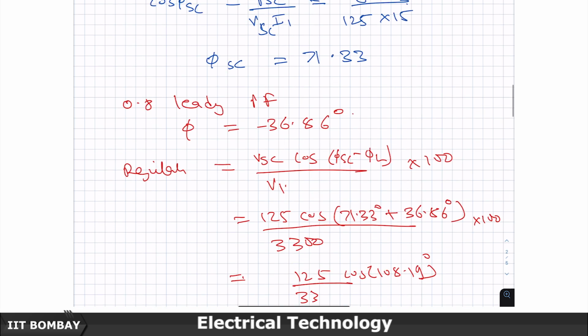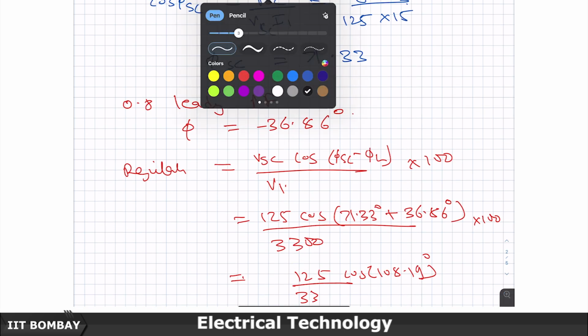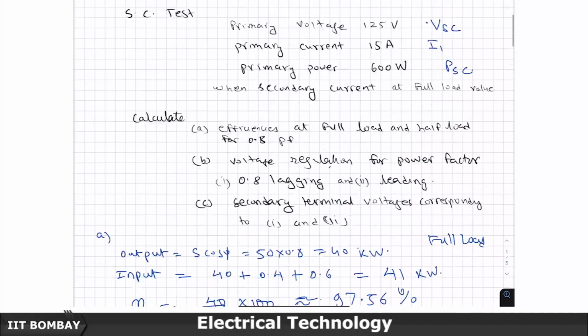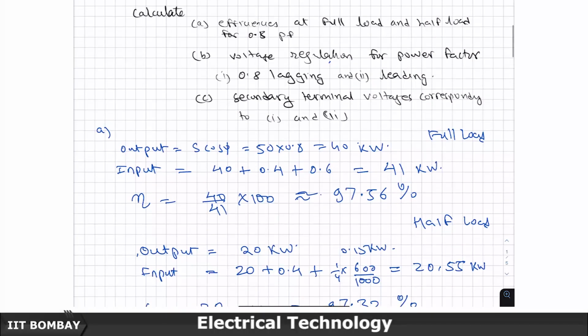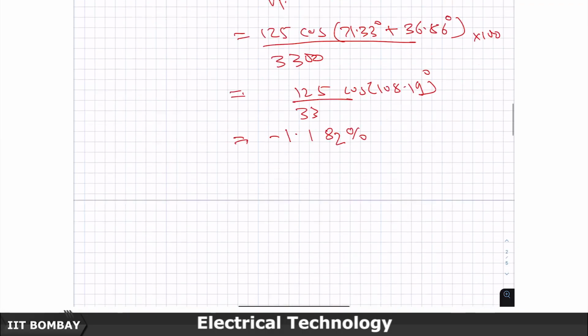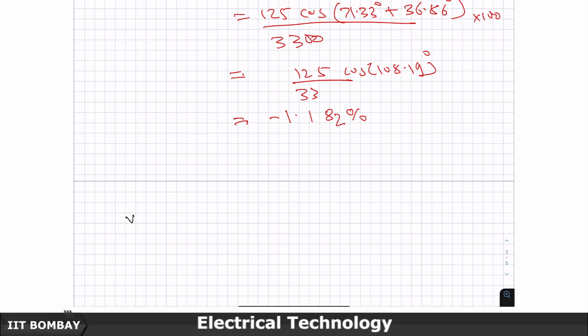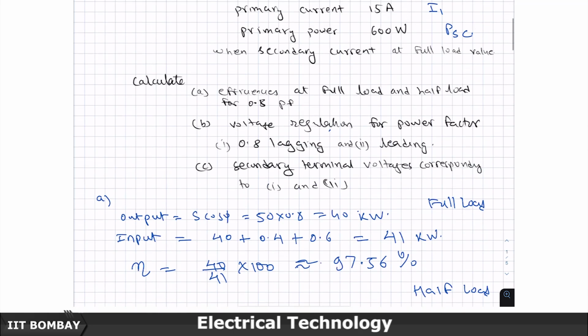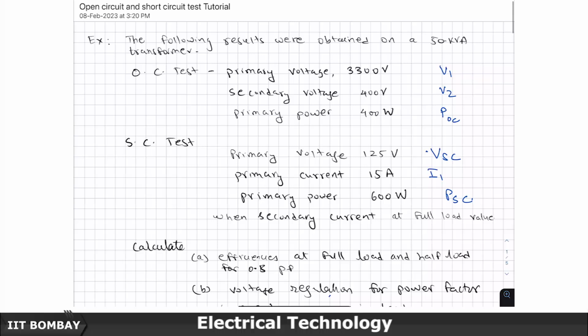The third part of the problem now is straightforward. C says secondary terminal voltage corresponding to 1 and 2. So, the secondary terminal voltage V_2: what is the rated voltage at the secondary side? Let us start from there, 400 volts.